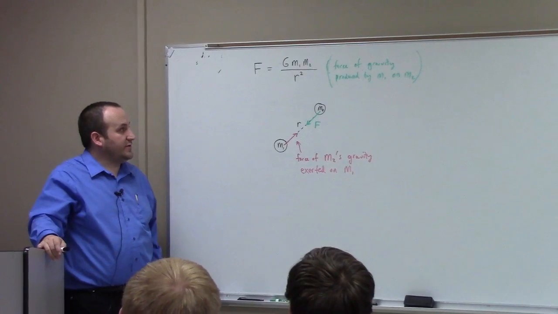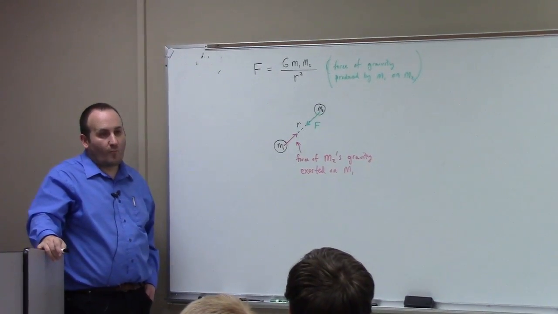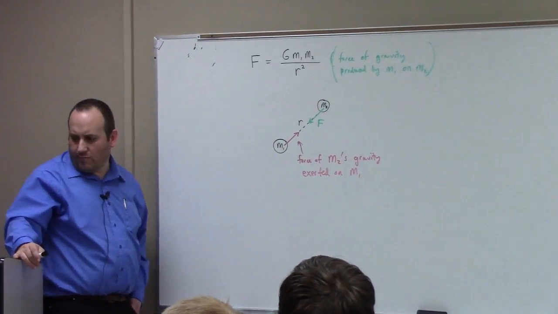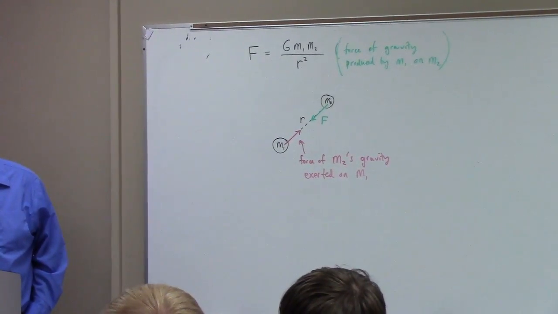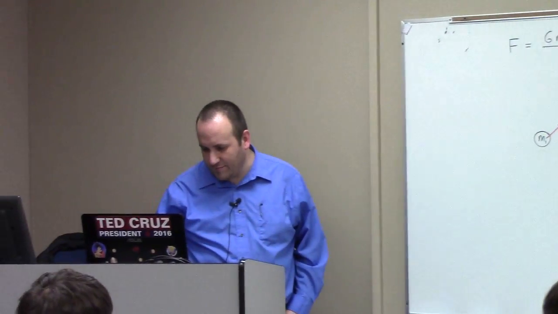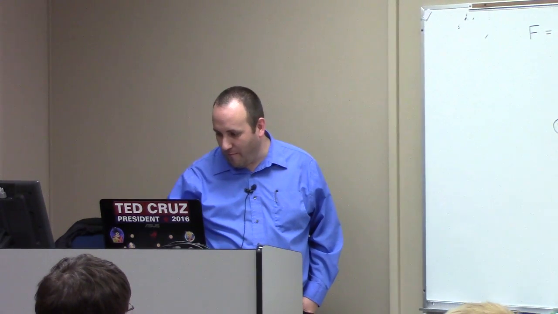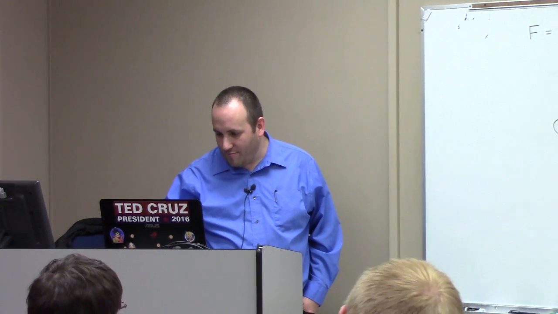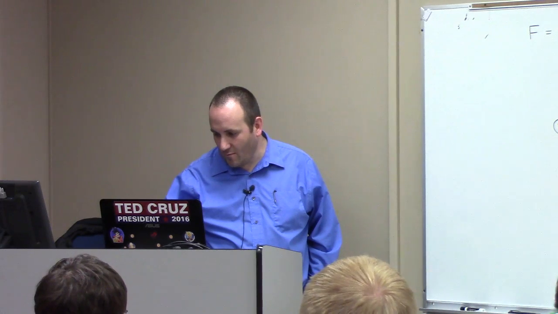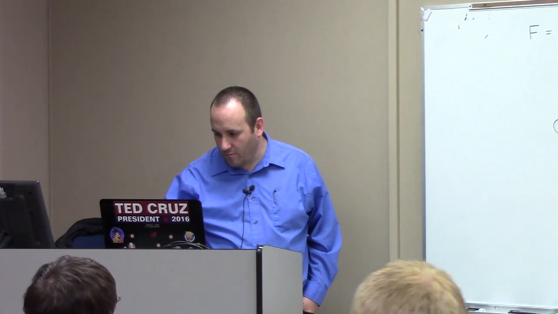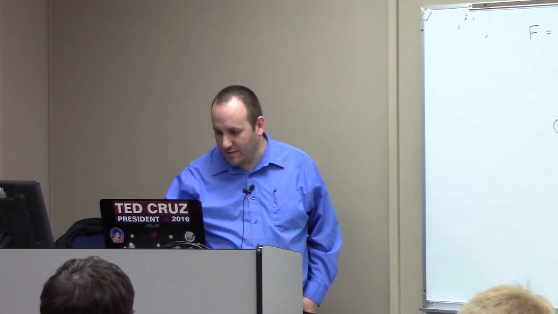G is the universal gravitational constant. It is a big number. No, wait a minute. Opposite story. It's not a big number. In fact, there was a time in my life I had this memorized.